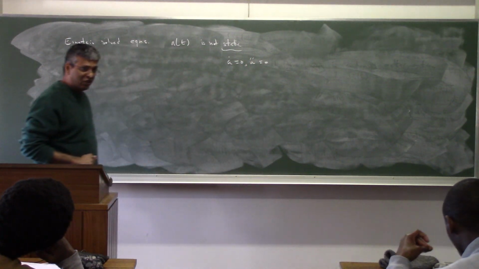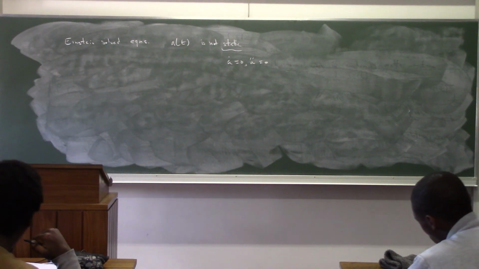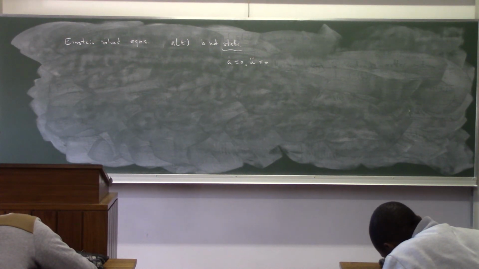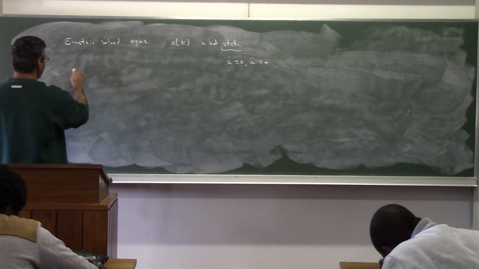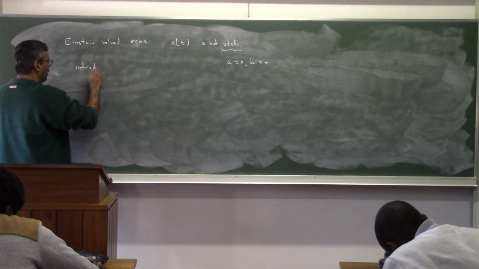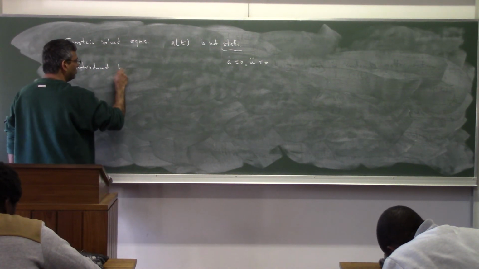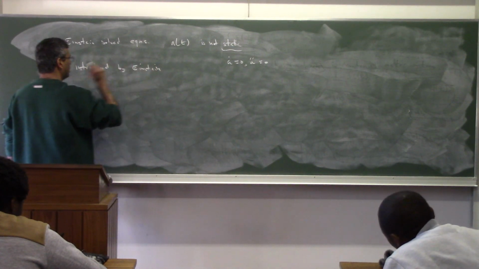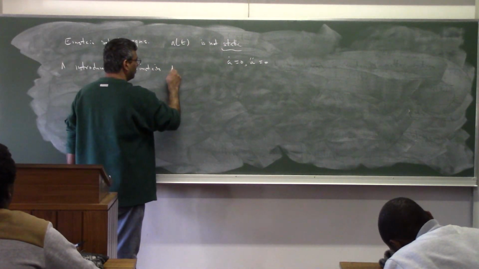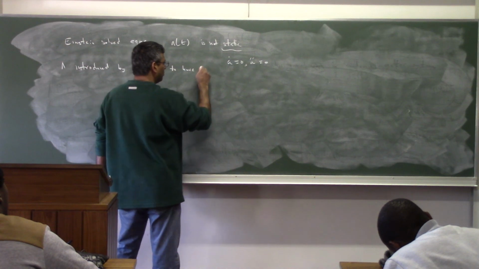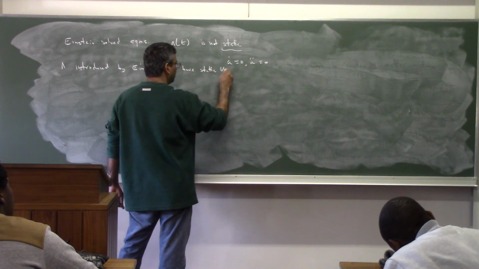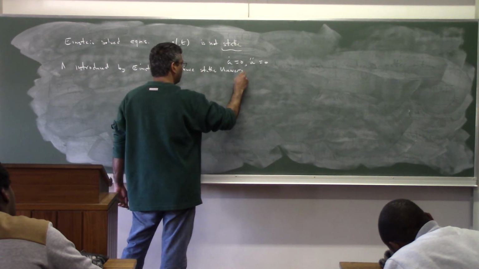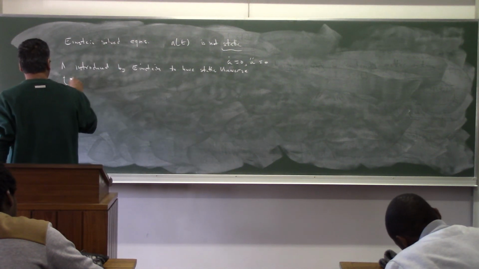So the universe is unchanging as a function of time. So lambda, the cosmological constant, was introduced by Einstein in order to have a static universe. This lambda is a cosmological constant.